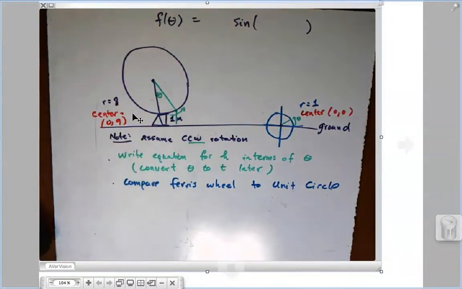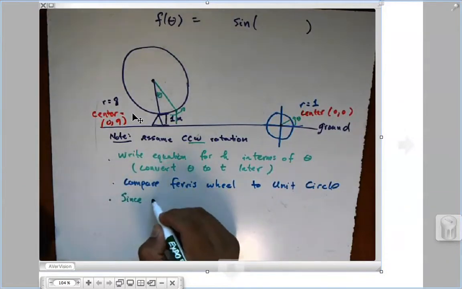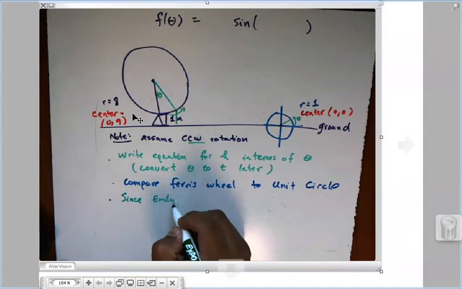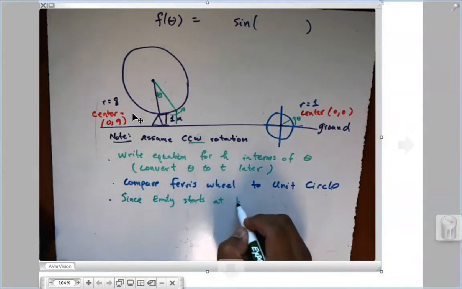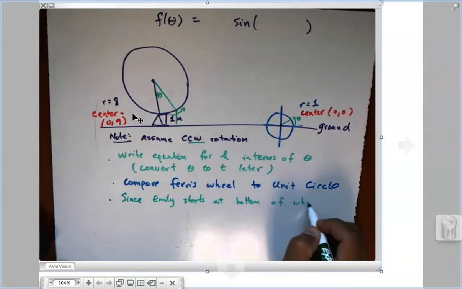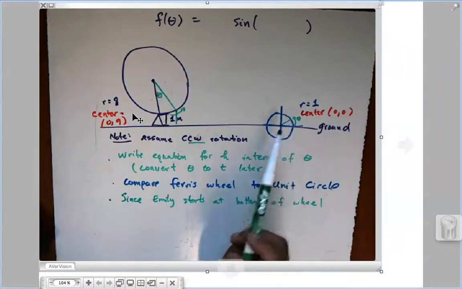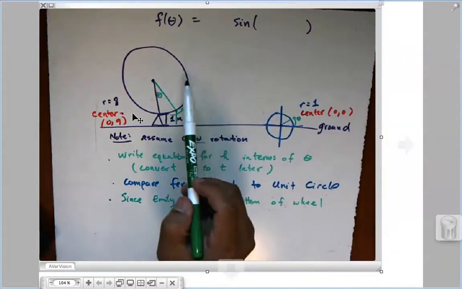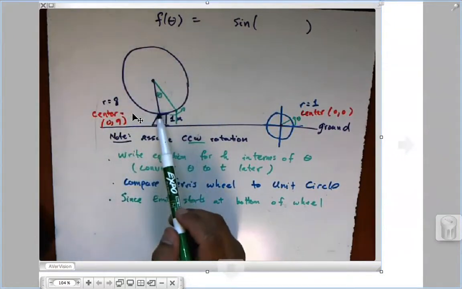And I'll write this note in here that since Emily starts at the bottom of the wheel, she basically has a 270-degree head start. So if you imagine that instead of starting here, she's already spun around 270 degrees, or 3 pi over 2 radians, compared to the unit circle.